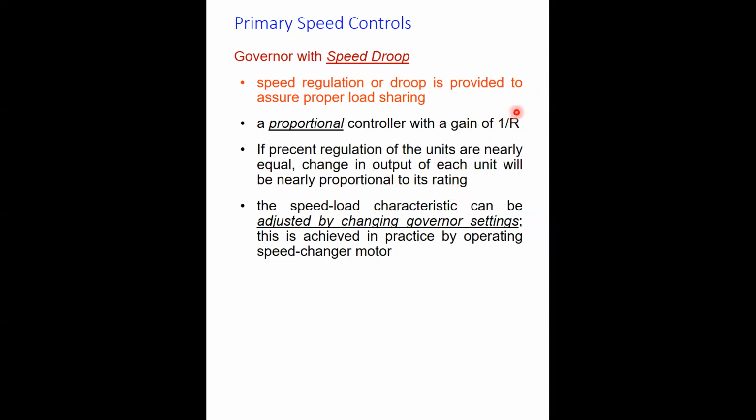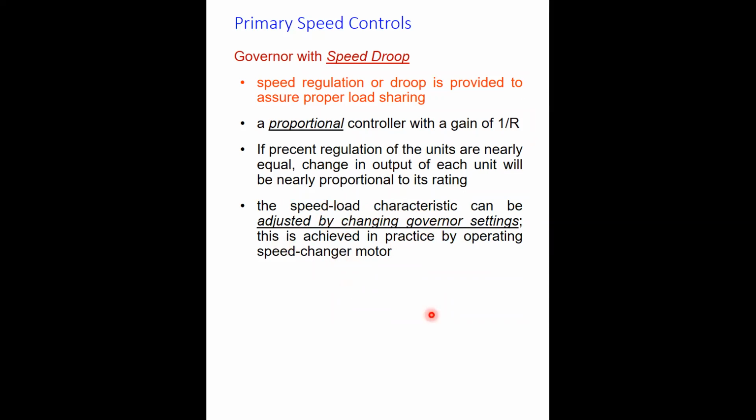That means the R value will depend upon the rating of the generator unit here. Thus we have the speed load characteristic to be applied on the governor setting.